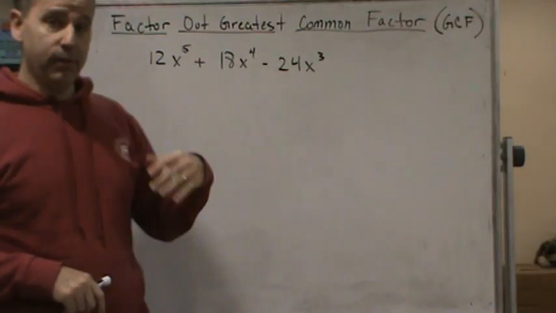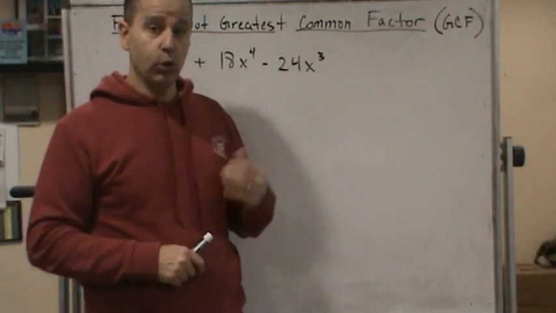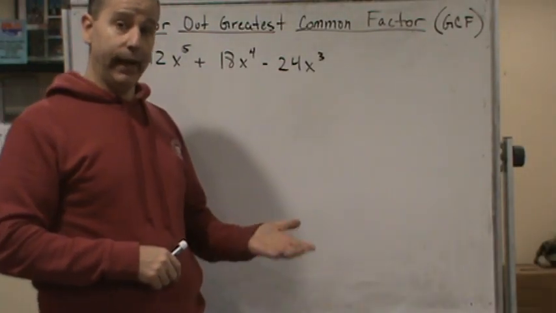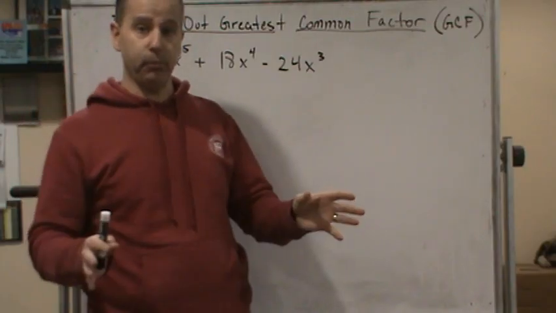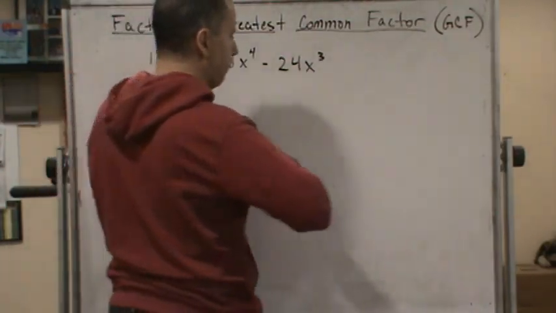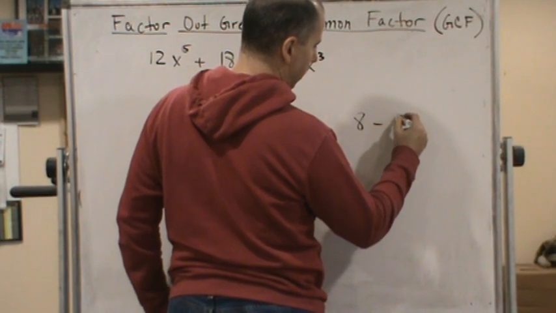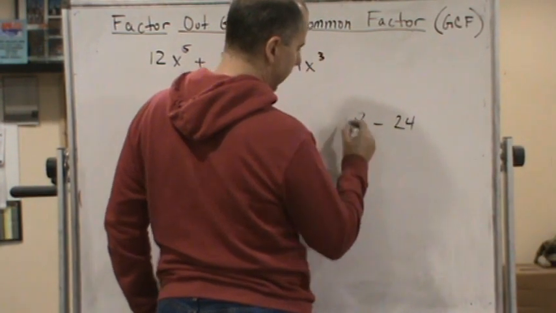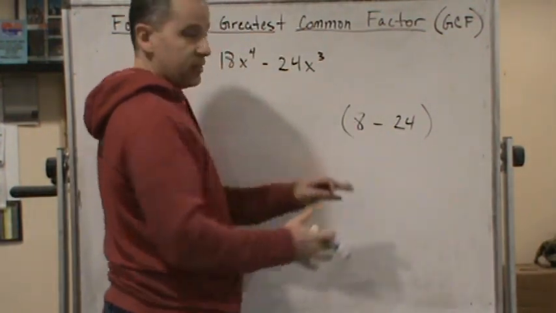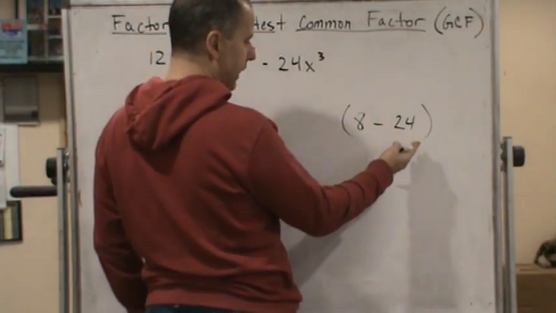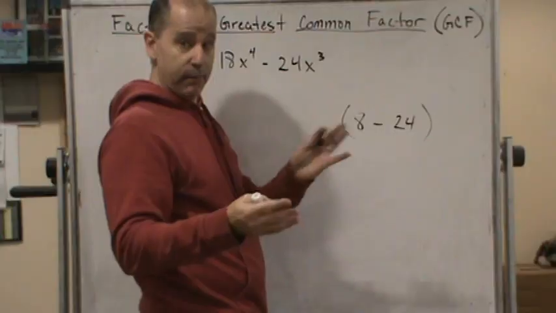And the first step you always want to do whenever you're factoring a polynomial is to look for a greatest common factor. So just like with factoring numbers, right? When we factor numbers, like let's say 8 minus 24, and we want the greatest common factor, we want the largest number that will divide both numbers.